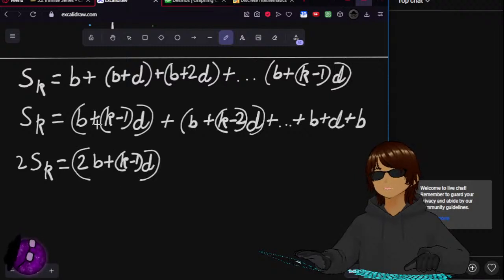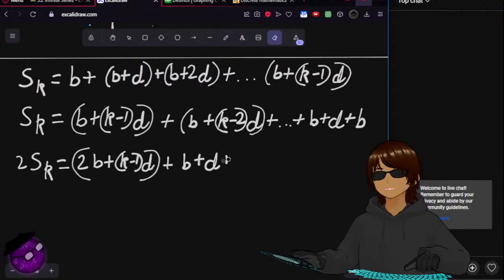So if I add the first and last, I get 2b plus k minus 1 d. If I add the second and second last, I get b plus d plus b plus k minus 2 d, which is again 2b plus k minus 1 d.